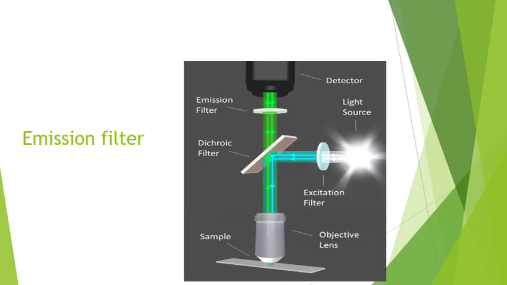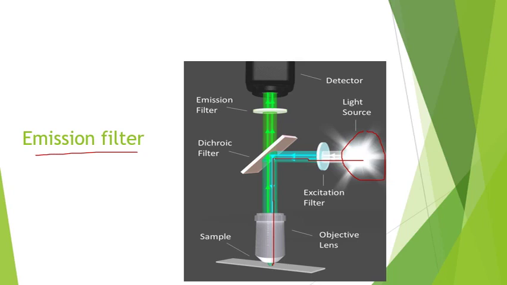So here we have the emission filter. Firstly, this is the light source. Light moves towards this excitation filter, and after here the light reflects from the dichroic filter to the objective lens, and from this it is transmitted onto a specimen.